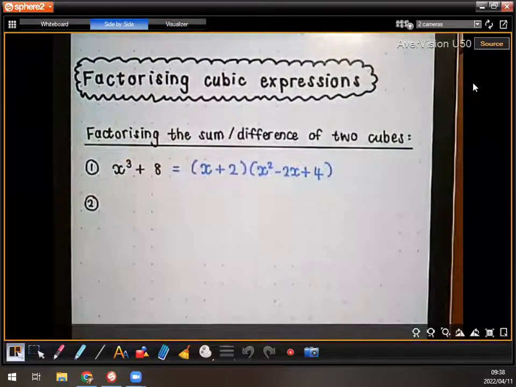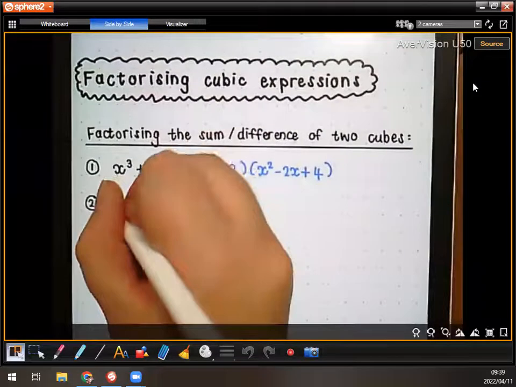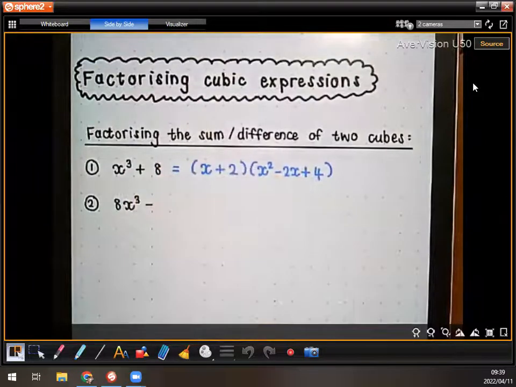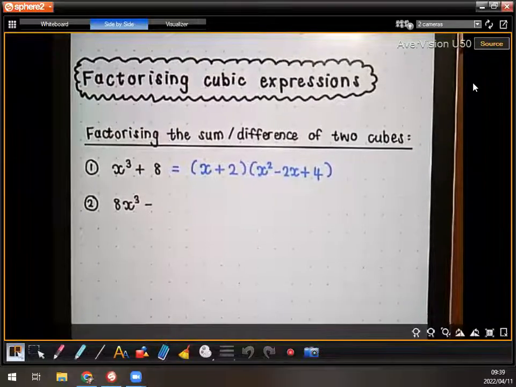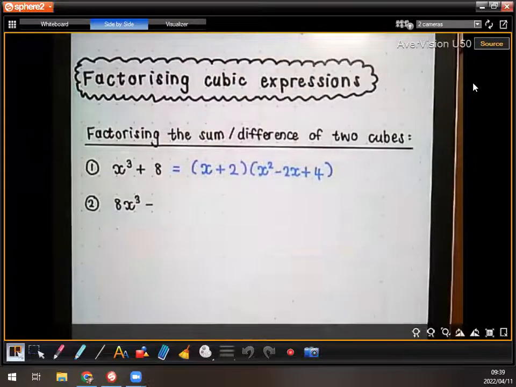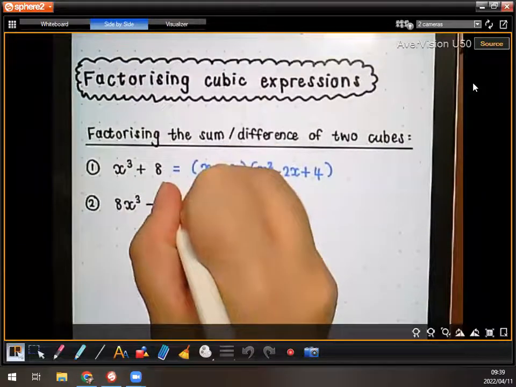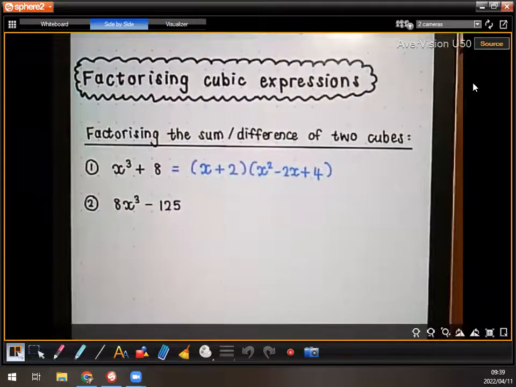So let's do a different example. If you have 8x cubed minus 125. I couldn't think of a cube just now, guys.